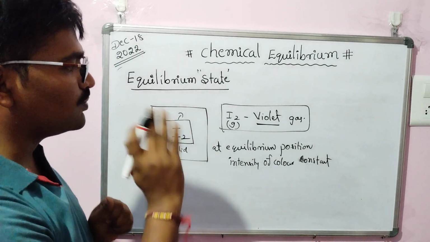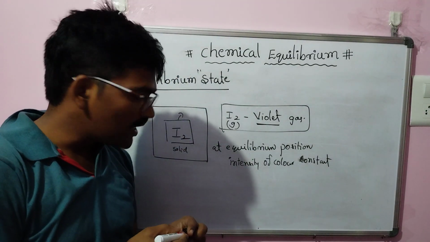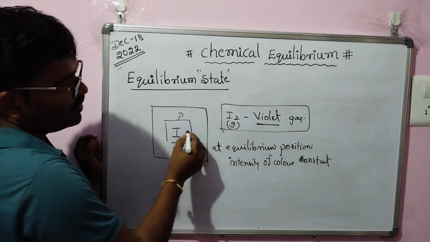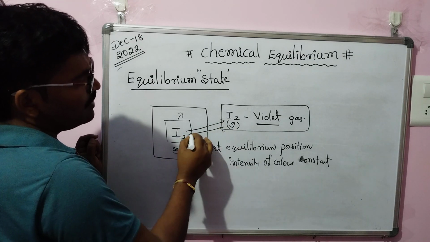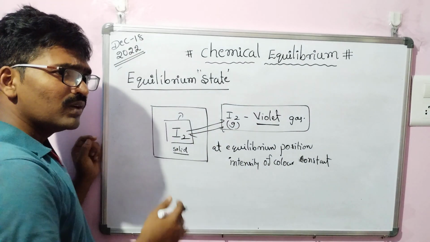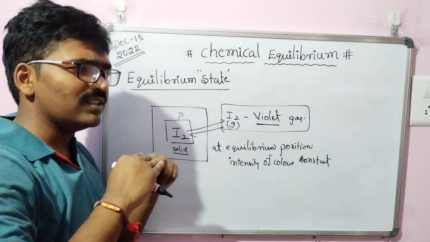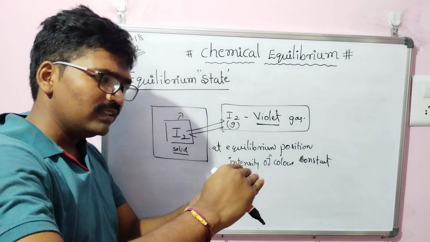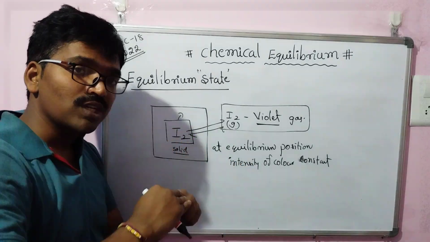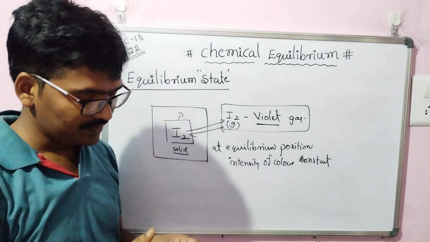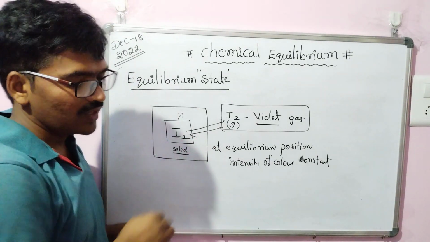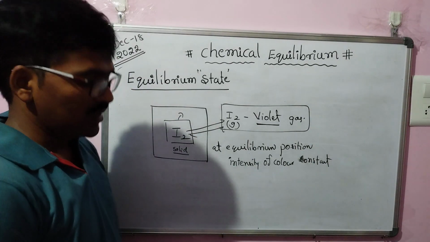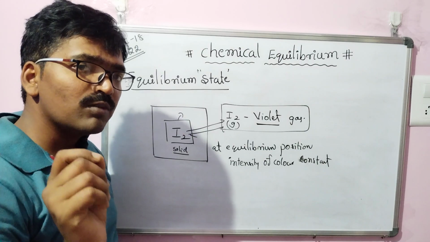Why? Because solid I2 is converted into vapor, and then again the vapors are converted into solid. So both are constant, the concentrations are constant. That is why at the equilibrium position the intensity of color is unchanged. So that we call the equilibrium state.